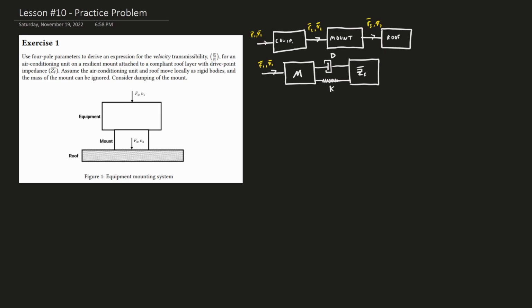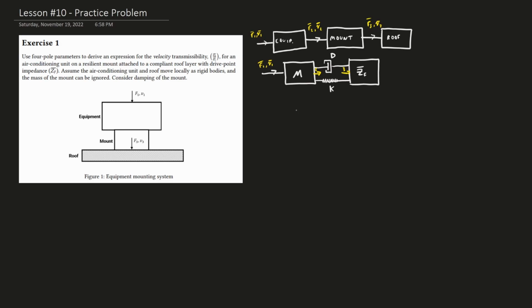One thing to note is that we still do have our F2 V2 term and our F3 V3 term here. I just don't have room to draw the arrows. But okay, we can go ahead now and start deriving matrix expressions for these elements.